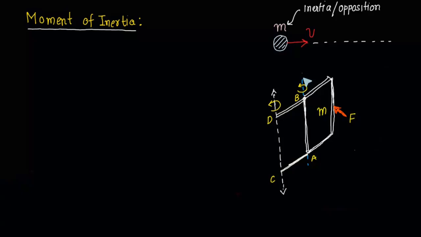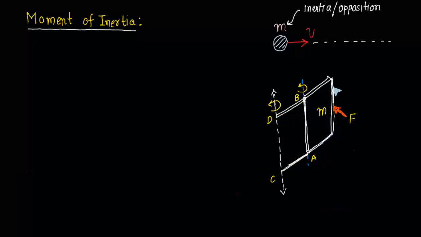In the previous case, with less force you were able to rotate it. Now, when you put an extension and the axis of rotation is shifted to this location, you will find that the force required to rotate the door will increase.